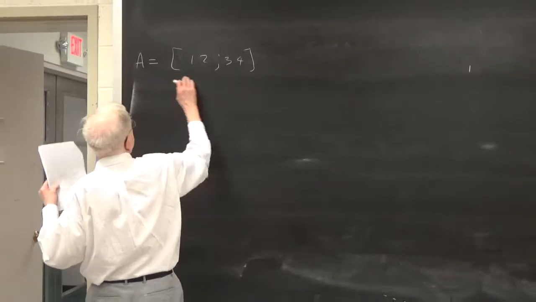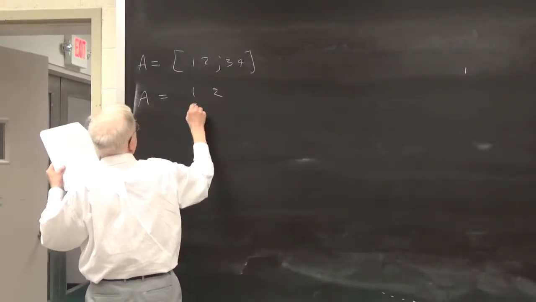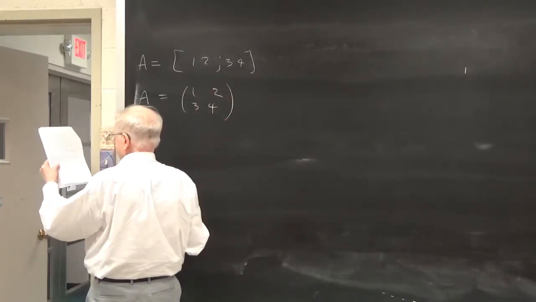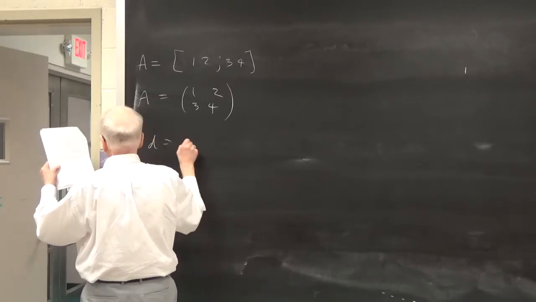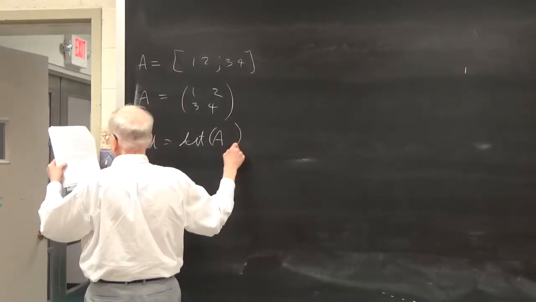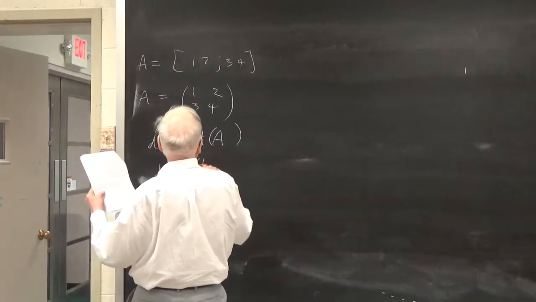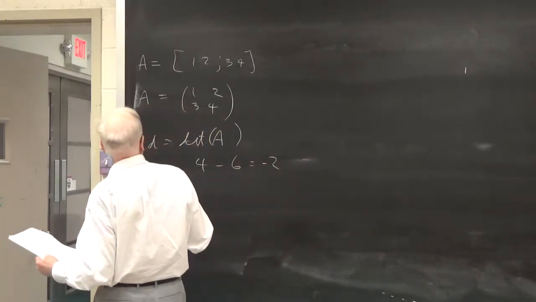If you just say A equals that, MATLAB comes back at you and writes 1, 2, 3, 4. Or it may write it like this. You can then say D equals determinant of A, and MATLAB will tell you D equals whatever it is, 4 minus 6 minus 2.